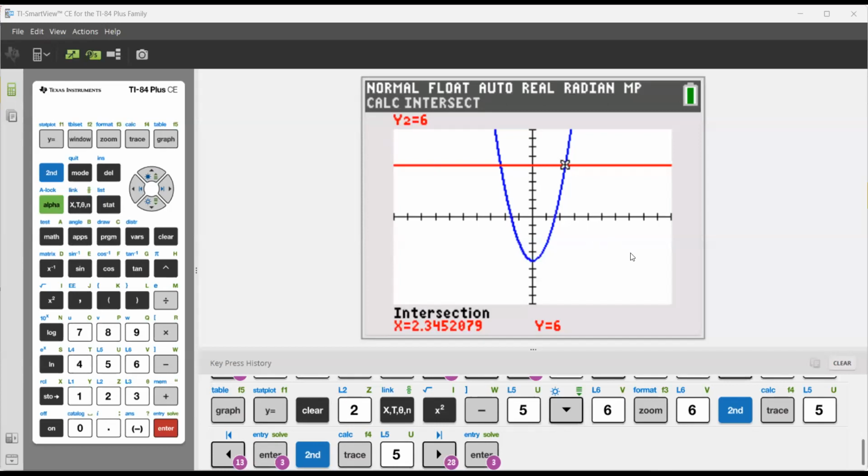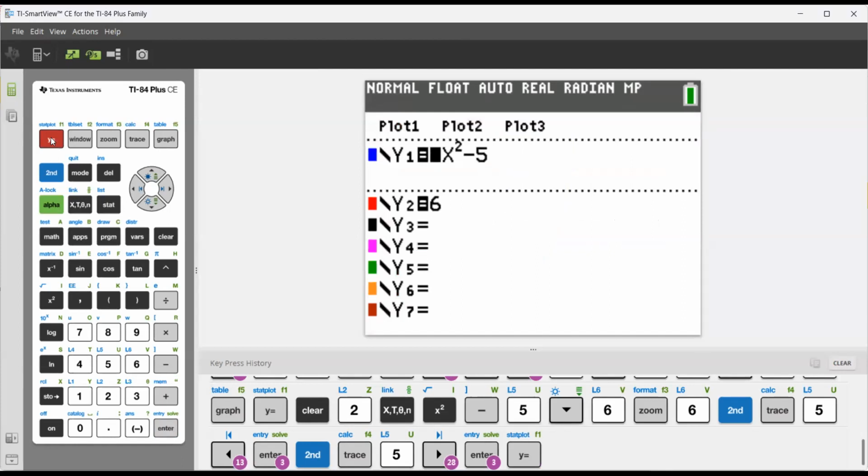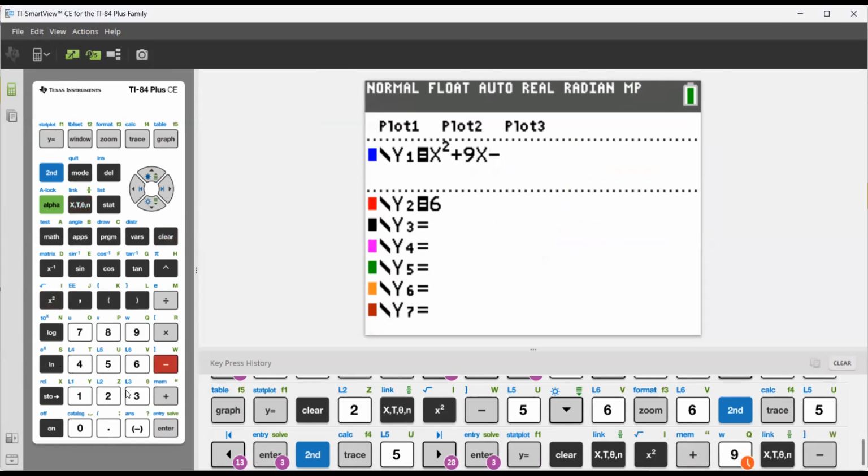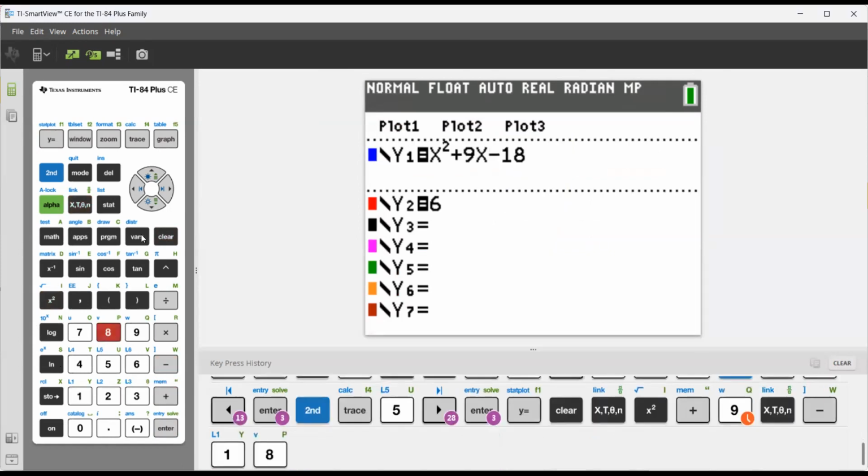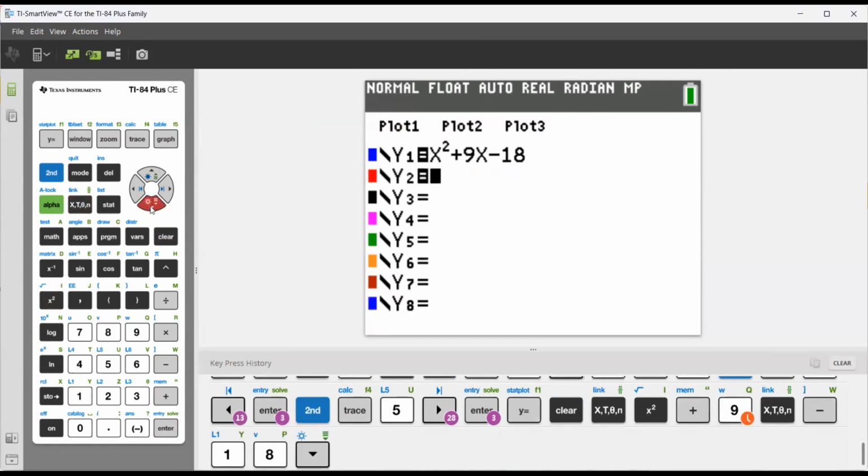I'm going to go y equals again. Then I'm going to erase and then put in x squared plus 9x minus 18. And then I have 32 here.